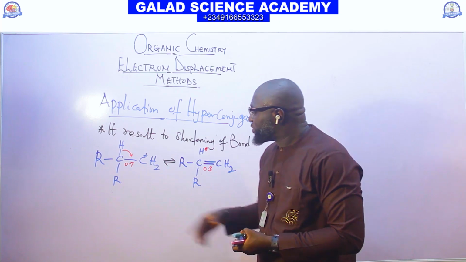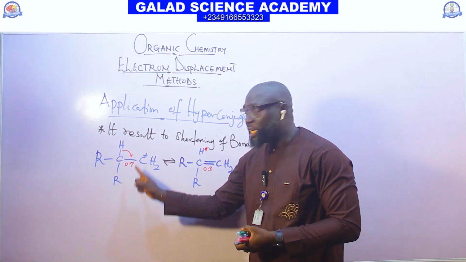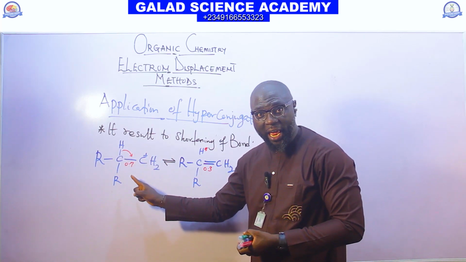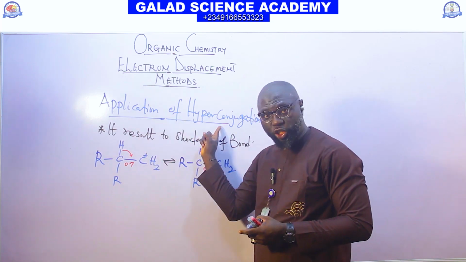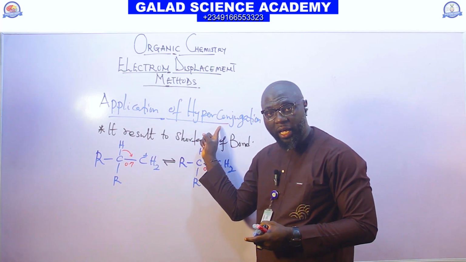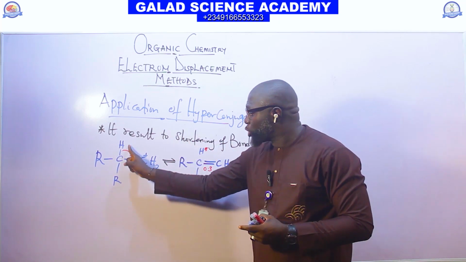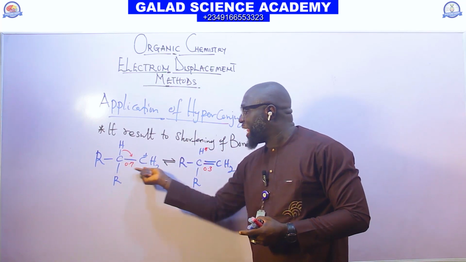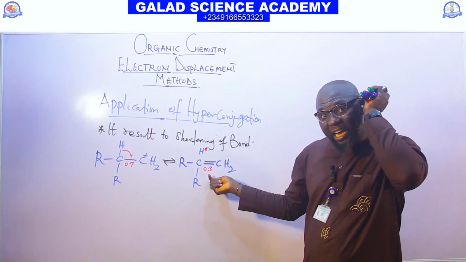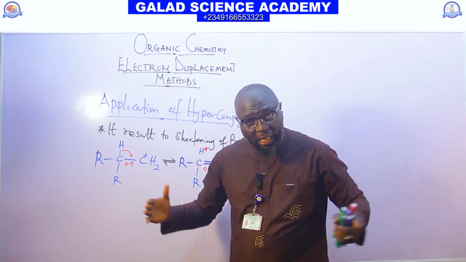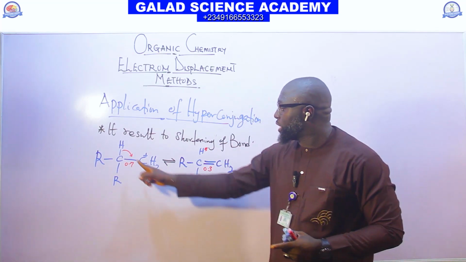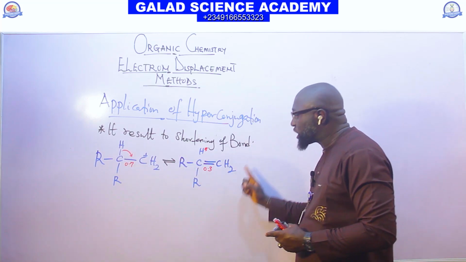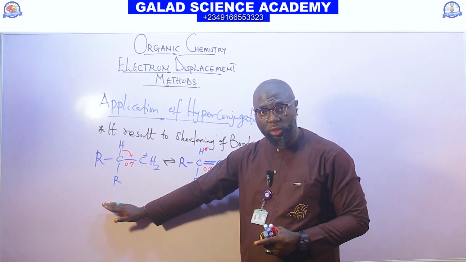The shifting of this sigma bond into the empty p orbital here is called hyperconjugation effect. When this bond comes to this side and becomes a double bond, the bond length here will reduce. As the number of bonds increases, the bond length will reduce. So hyperconjugation results in the shortening of the bond length.